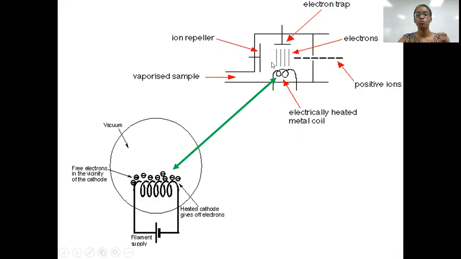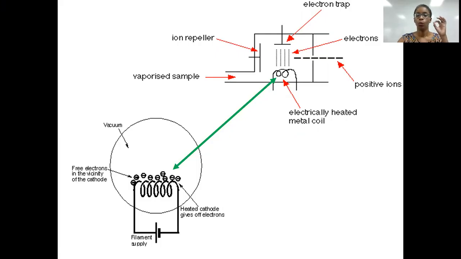It will pass through the beam of these electrons. And because these electrons are moving very quickly, you're going to have some of them with sufficient velocity that they then knock an electron off of the sample that you have coming into its path.